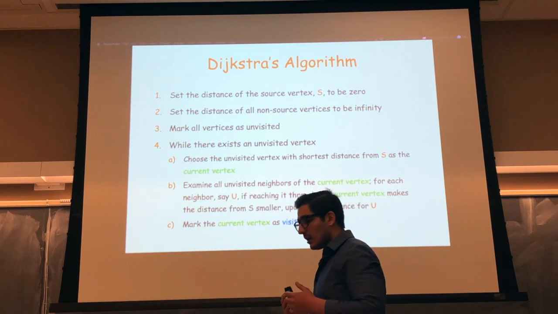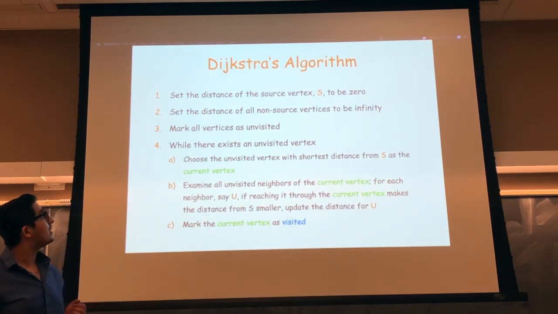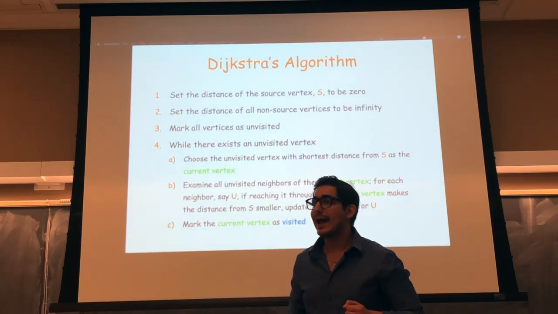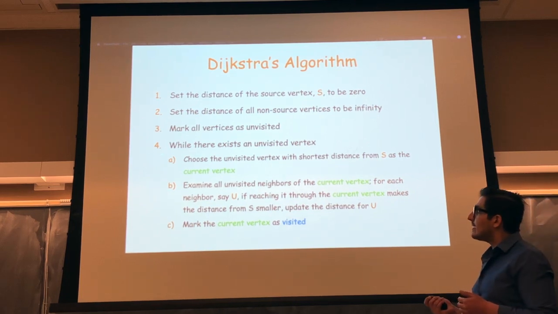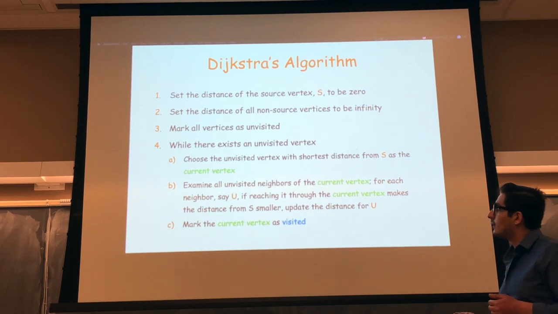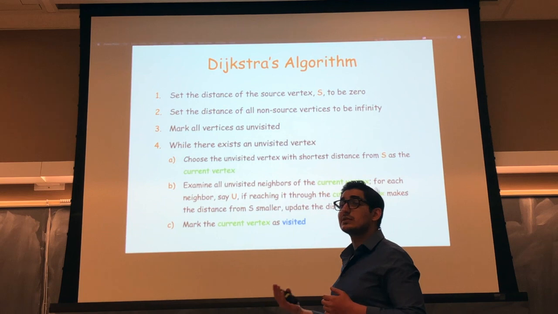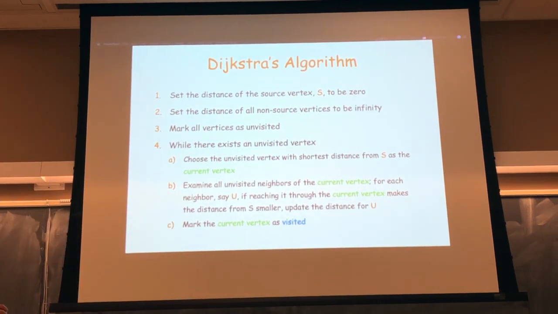The first 3 correspond to the initialization phase: setting the distance of source vertex from itself to be 0, setting the distance of all non-source vertices to be infinite, and marking all vertices as unvisited. The fourth step, which itself consists of 3 smaller steps, corresponds to the second phase of the algorithm. That is the series of iterations.